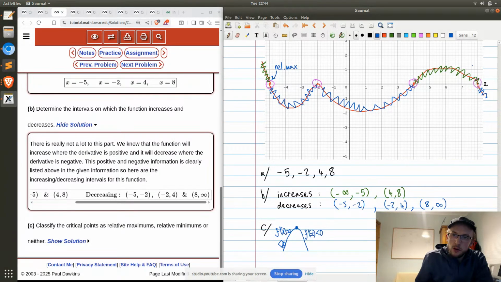And so is this one. And the opposite would be a relative minimum. So this one. And this would be neither. That's what I believe.